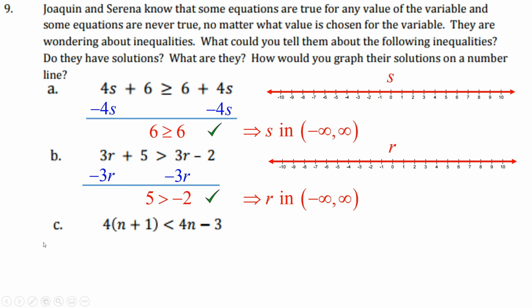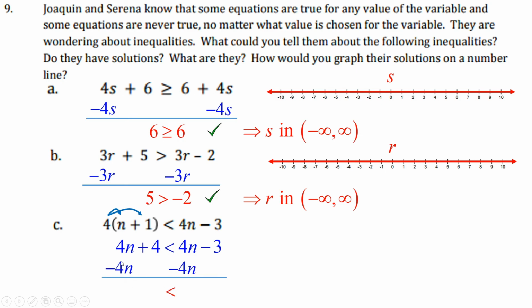All right. C. I bet you this one's not going to work because, come on, we have to have one that doesn't work. So if we're solving this, aren't we going to distribute the 4 to both terms here? So distributive property, 4 times n is 4n, and then 4 times 1 would be plus 4, and now that looks familiar. 4n plus 4 is less than 4n minus 3, and you would subtract 4n from both sides.